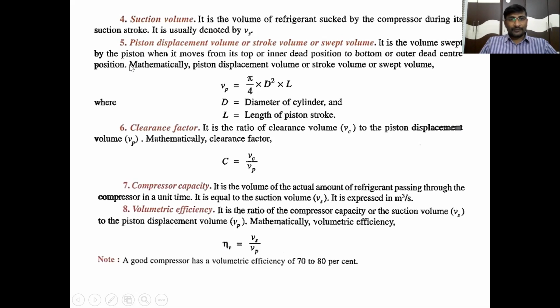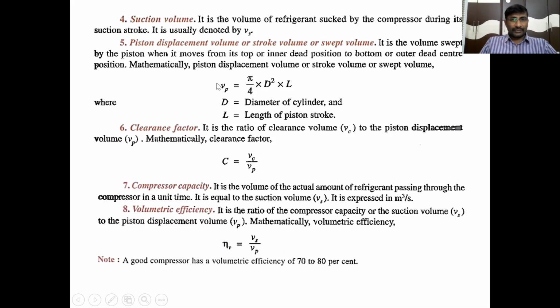It is the volume swept by the piston when it moves from the top or inner dead center position to the bottom or outer dead center position. Mathematically, piston displacement volume or stroke volume or swept volume, Vp, is equal to pi by 4 d square L. This is the area of the cylinder into stroke length. D is the diameter of the cylinder, L is the stroke length or length of the piston stroke.